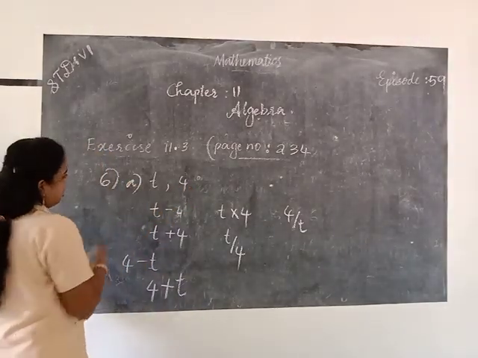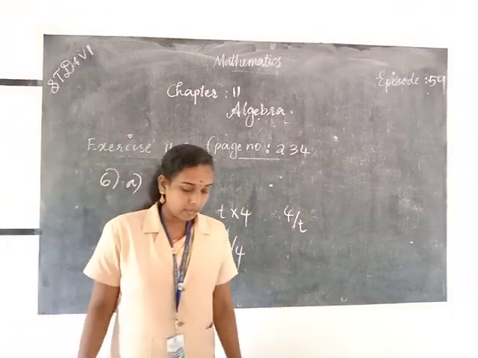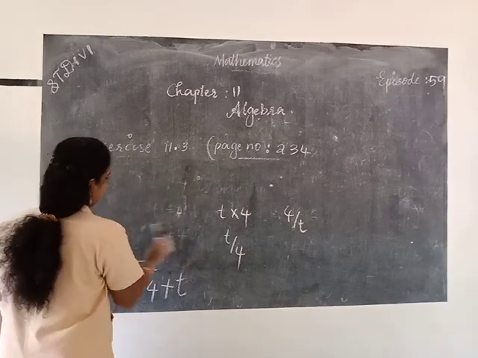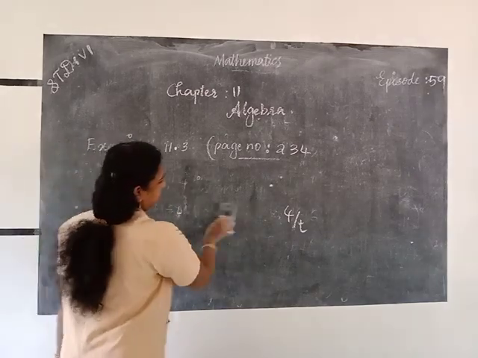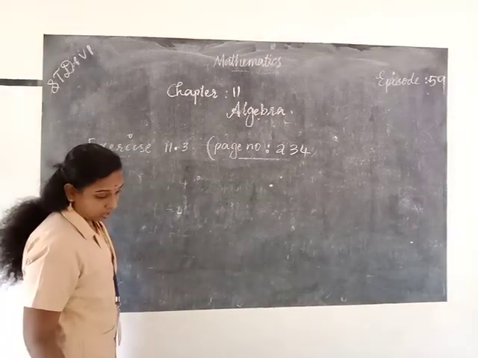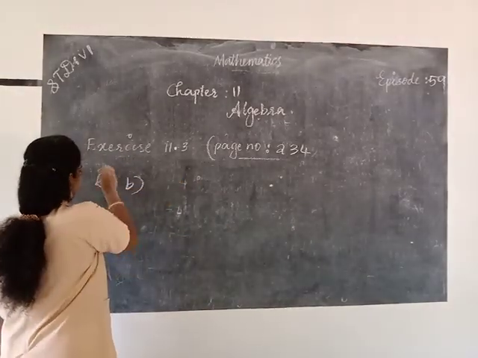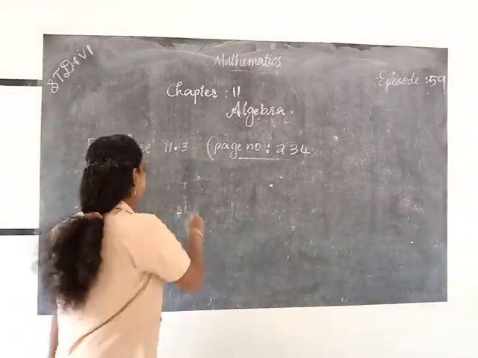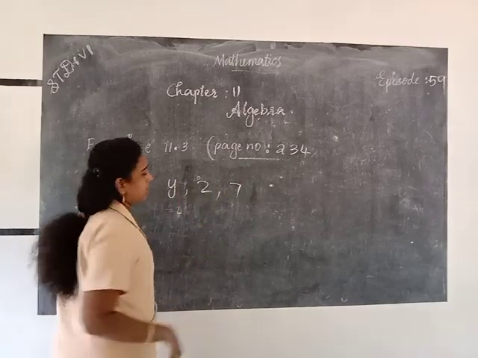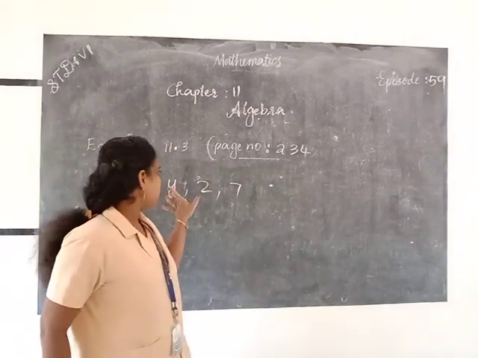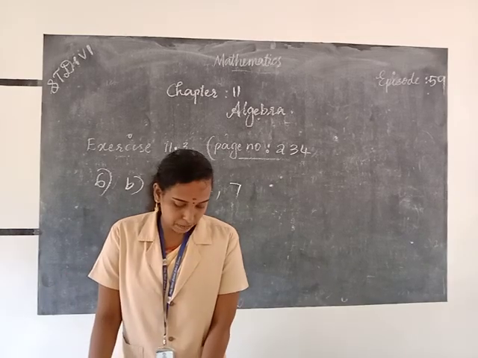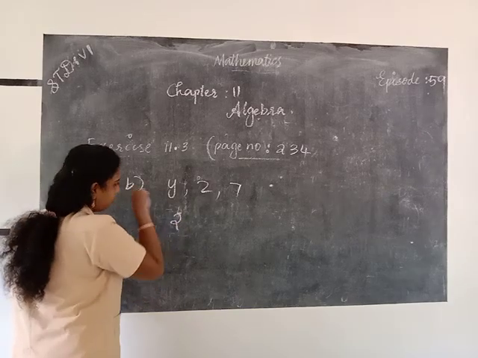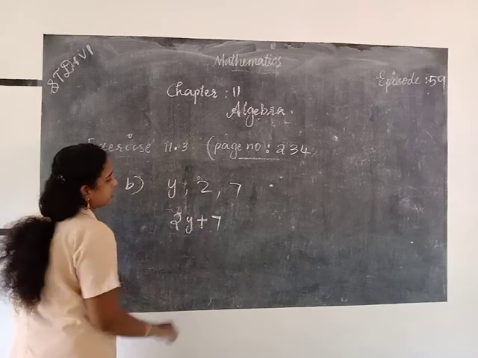That is the answer of part A in question number 6. Then the next one, B. Form expressions using y, 2 and 7. By using these two numbers and one variable, we want to write the expressions. So first we multiply 2 into y, then add 7 to the result.